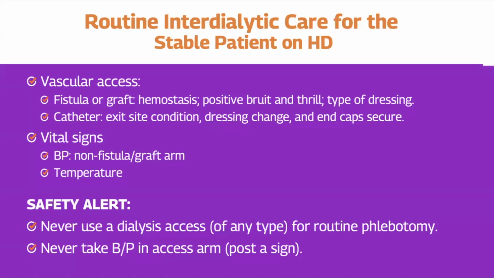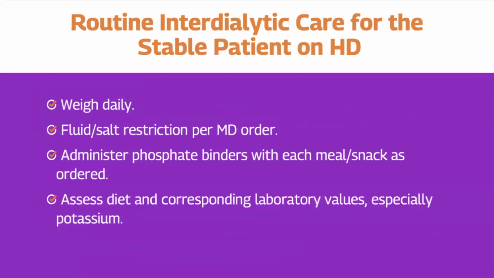As a safety alert, we should never use the dialysis access for phlebotomy, and we should never take the blood pressure in the access arm. And most places I've seen post a sign that says no blood pressure in the arm with the access.